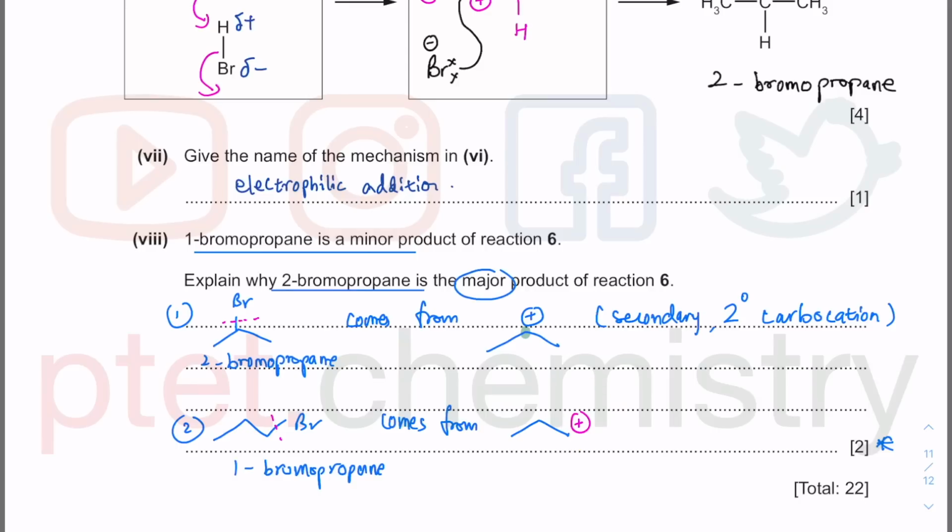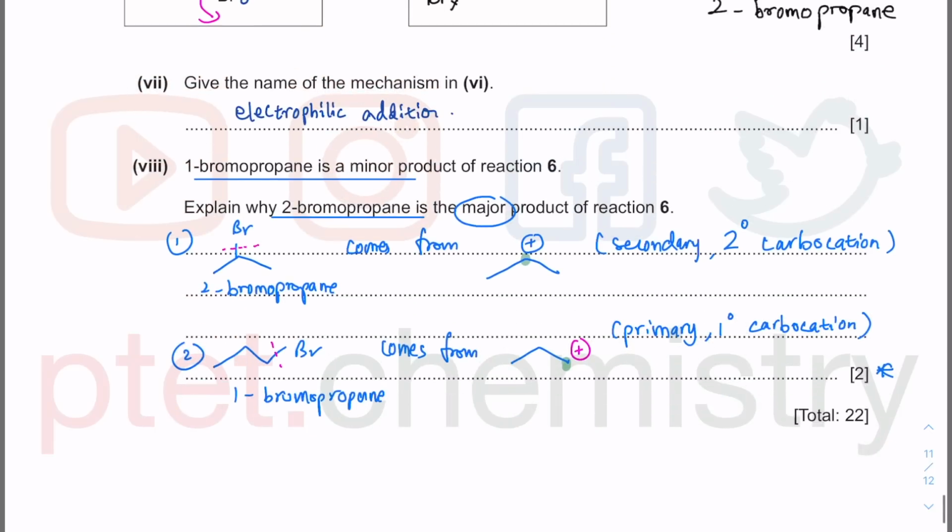So what happened there is this is a primary carbocation. How do I know it's a primary carbocation? Because the carbon with the positive charge is bonded to 1 other carbon, primary carbocation. Overall, what can we say here?